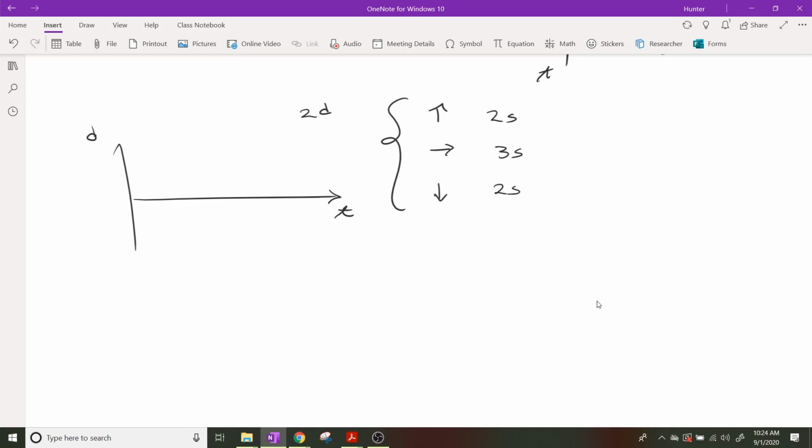So a displacement versus time graph can only handle positive and negative. It can't handle up and right and down because these are actually coordinates that have positives and negatives associated to them. So like if you're in the first quadrant, that's 2 positive numbers. I should probably write it like that. But if you're in the fourth quadrant, that would be positive x, negative y.